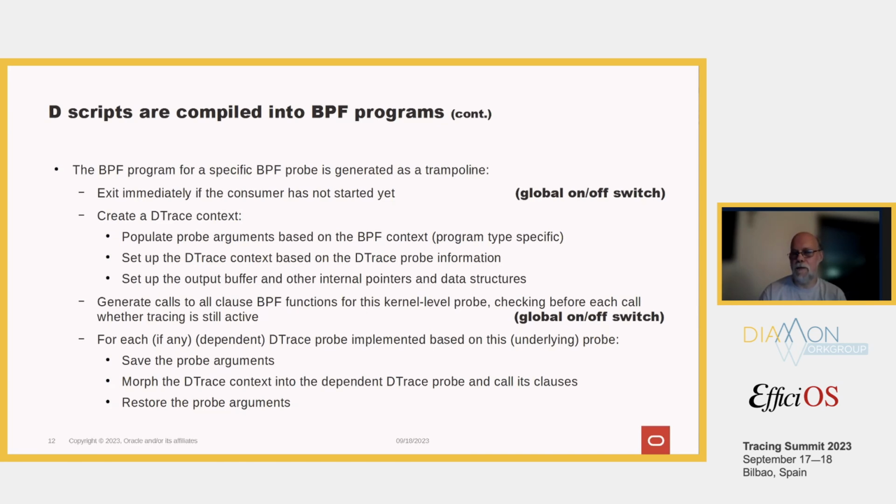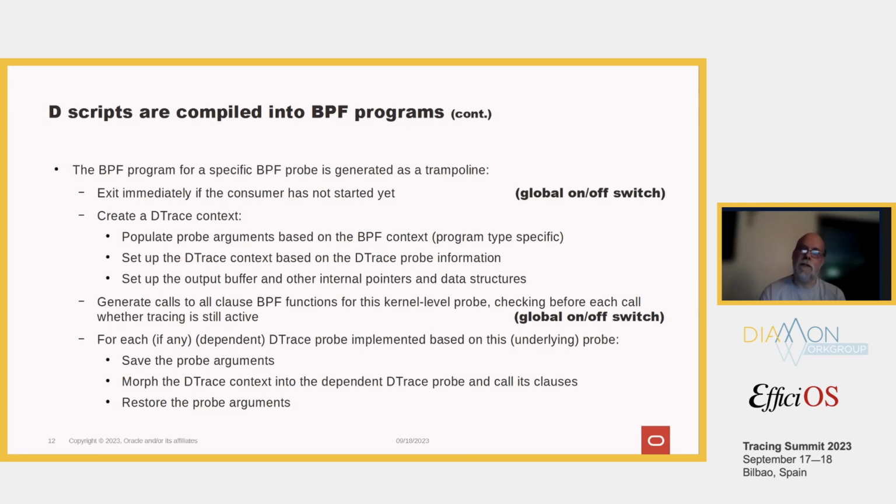And then there is this special case we added recently where if there are dependent probes, these SDT probes that are implemented on another underlying probe, if those exist, then we essentially have to change this DTrace context to represent this dependent probe, like in the case with the proc provider, that proc probe.